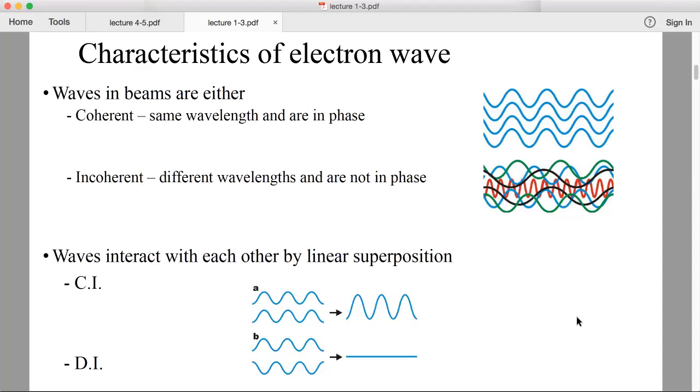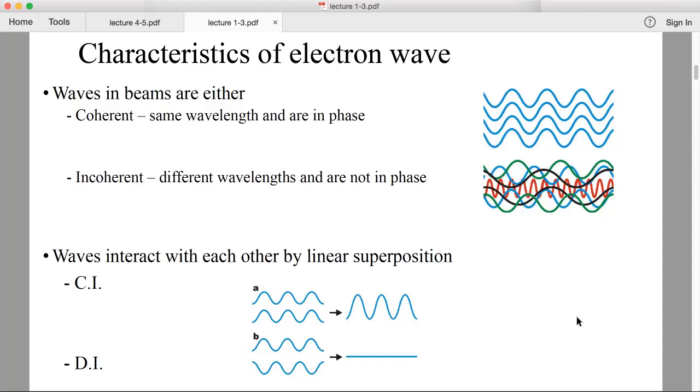And what we do is we let them go through a high voltage so that they are accelerated towards our sample, and these accelerated electrons behave as waves. Since we have so many electrons in one beam, that means we have so many waves in that beam.